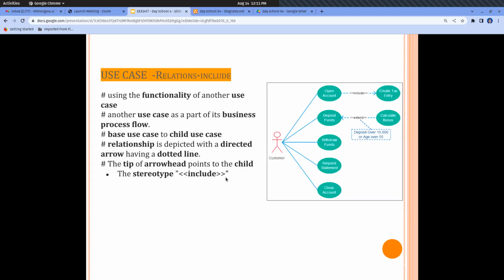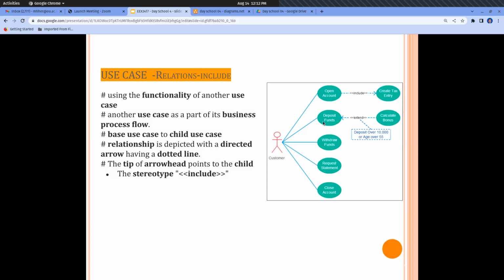Relations include. There are several types of relations from one use case to another use case. There are two types of relations, include and extend. For example, open account includes create tax entry.